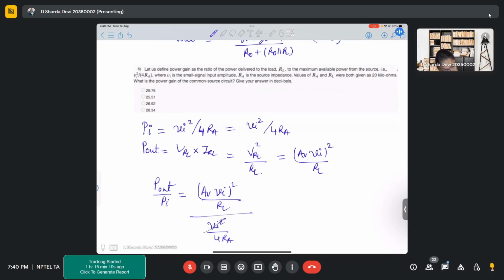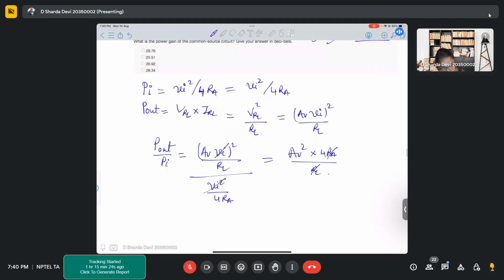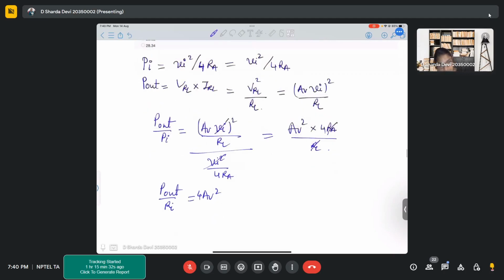This and this get cancelled, so it is AV square into 4 Ra by RL. Given that RL and Ra both are 20 kilo, these two will be cancelled. So P out by Pi is 4 AV square.